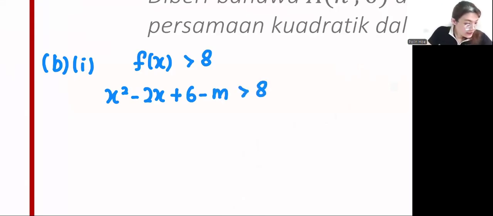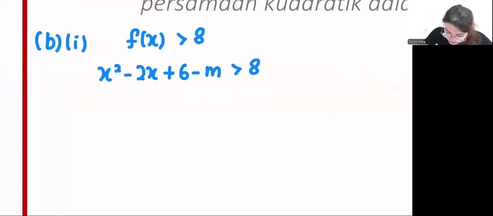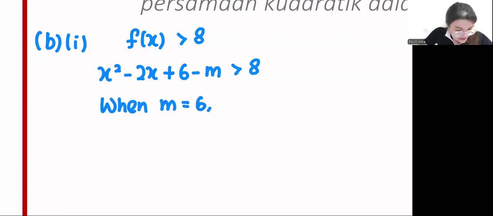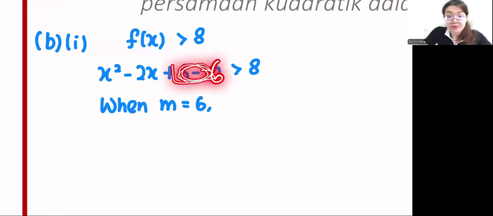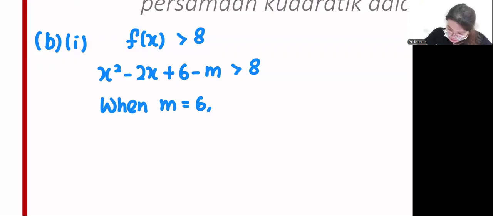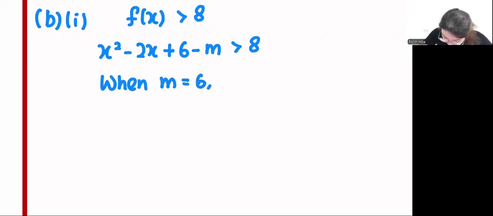But the question says when m is equals to 6. So when I substitute 6 here, 6 minus 6, bye bye already. It's gone. So I will be left with x squared minus 2x is bigger than 8.